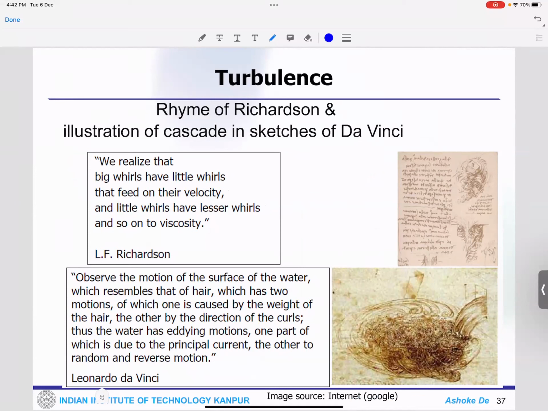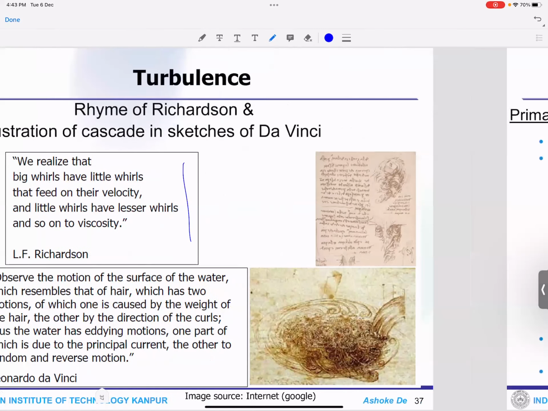Thus, the water has eddying motions, one part of which is due to the principal current, the other is a random and reverse motion. So ideally, people tried to visualize this kind of flow, and this is the rhyme of Richardson that characterizes the turbulent flow.